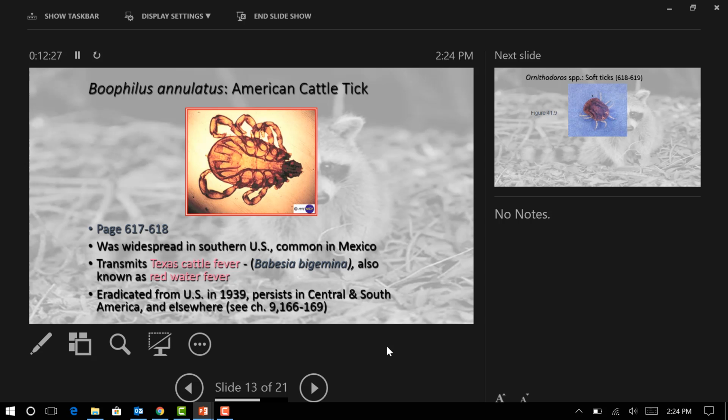It transmits Babesia bigemina, which we talked about several months ago, at the beginning of our semester, which causes Texas cattle fever or red water fever, and is rapidly fatal in cattle. This is one that ranchers worked really, really hard on eradicating and did so successfully back in the 1930s. One of the big wins for parasitology way back when.